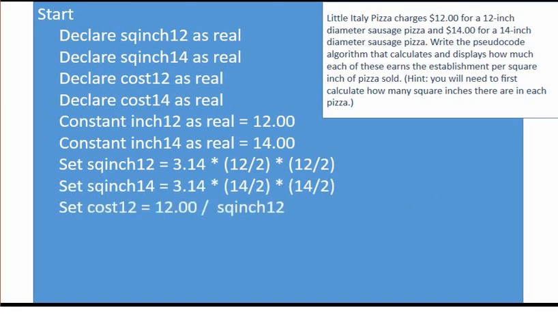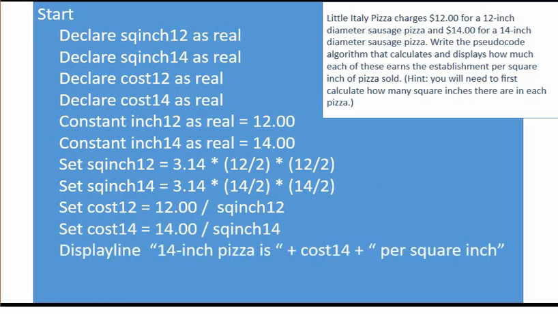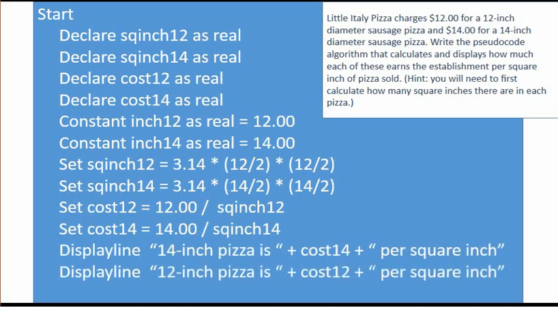So the cost per 12-inch, take the $12 divided by the square inch total that we calculated here to get the cost for a 12-inch pizza. Do the same thing for a 14. And then we display the results for the 14-inch pizza and the 12-inch pizza. Isn't that fun? And then we're done with the program.